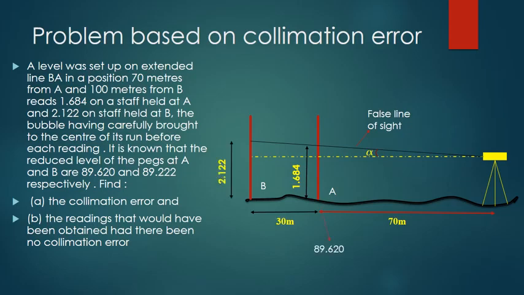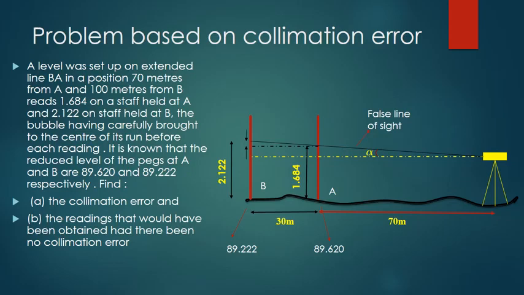The reduced level at B is 89.222 and the reduced level at A is 89.620.